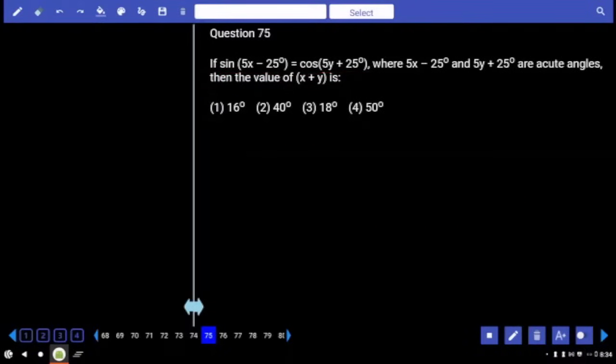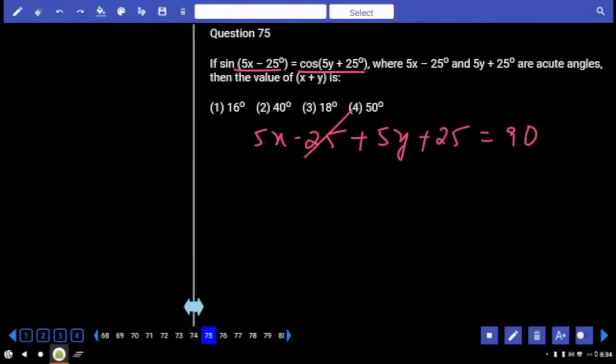Otherwise, directly, when sin x and cos y both are equal, x plus y is equal to 90. That also we can write. 5x minus 25 plus 5y plus 25 is equal to 90. Minus 25 plus 25 gets cancelled. From this, x plus y is equal to 18. x plus y, that's what we were asked to calculate, which is 18. Done?